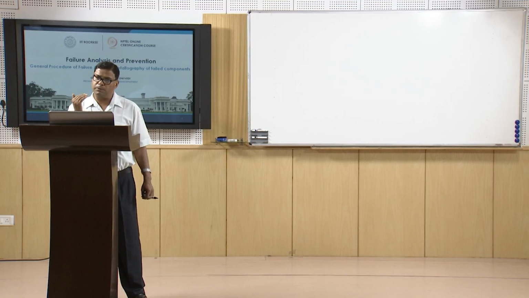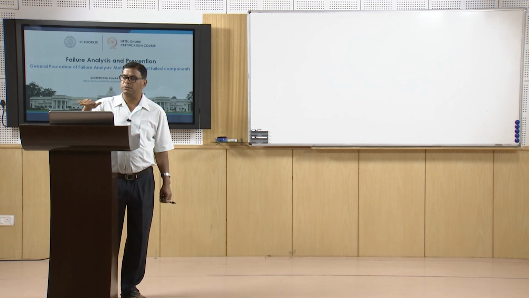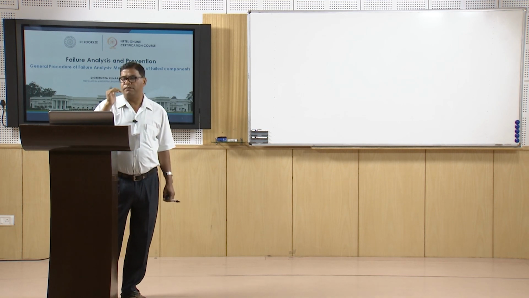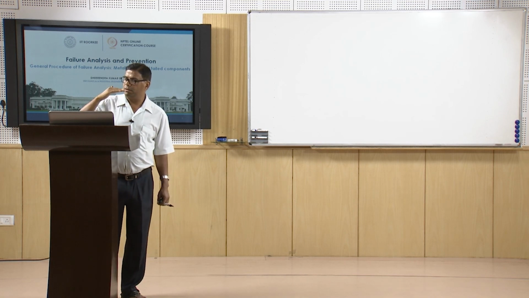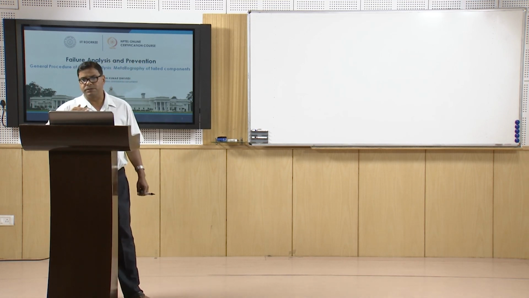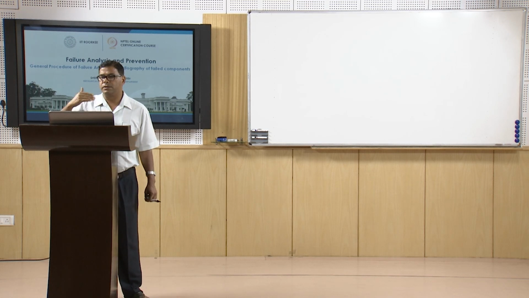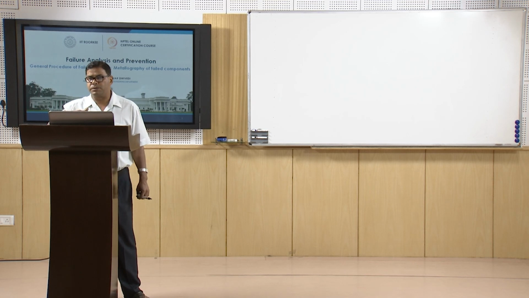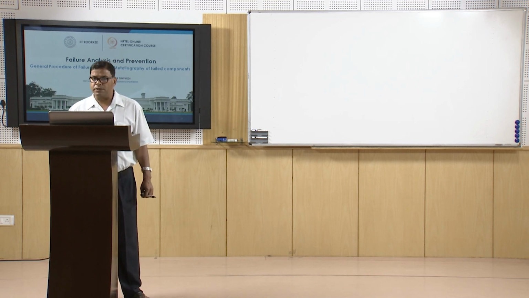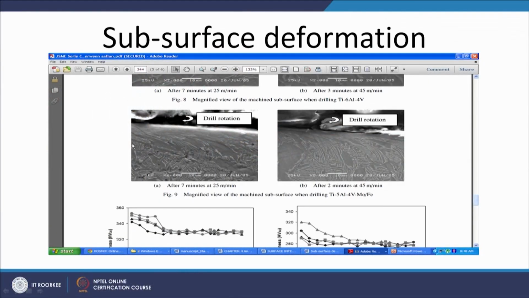Consider the case when the surface of the component is subjected to deformation due to external loading, or the surface is deformed during manufacturing itself. In this particular case, a drilled hole has a very deformed grain structure near the surface, about 20 to 30 micrometers deep.